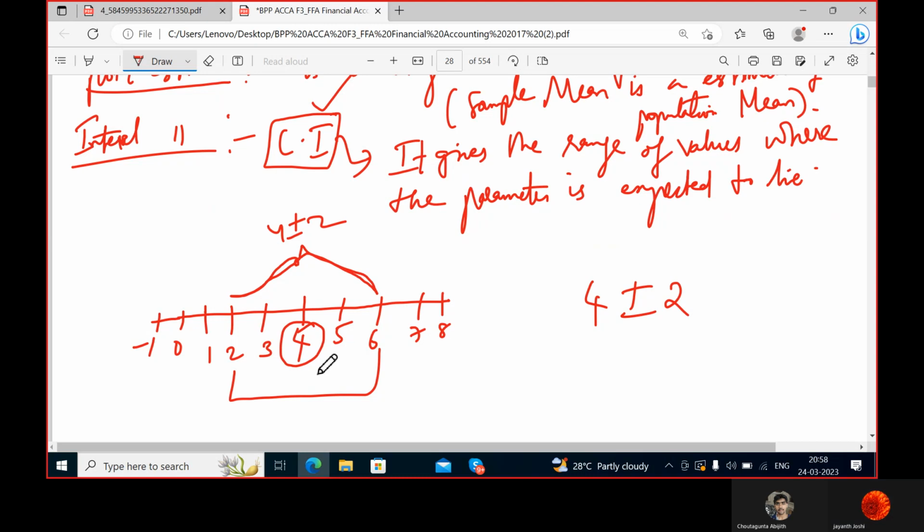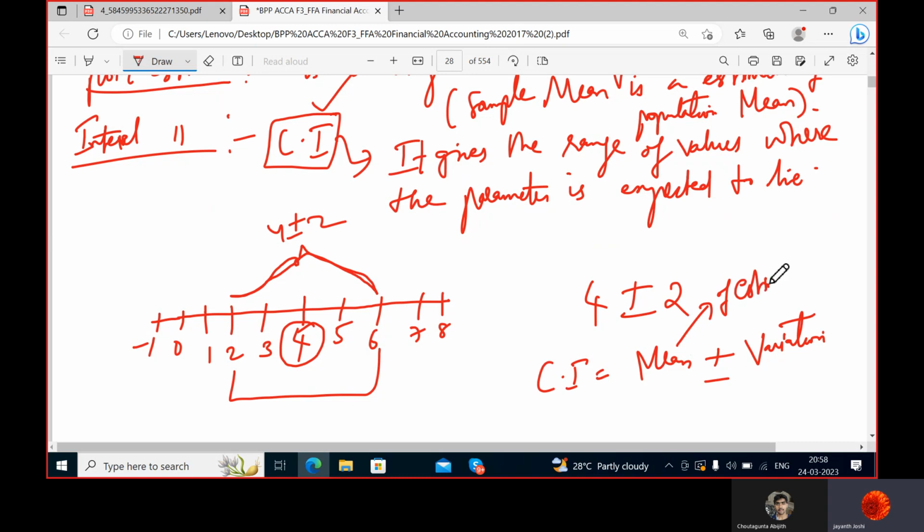Now, confidence interval is equal to the mean of your estimate, that means the sample mean, plus or minus the variation in that estimate.